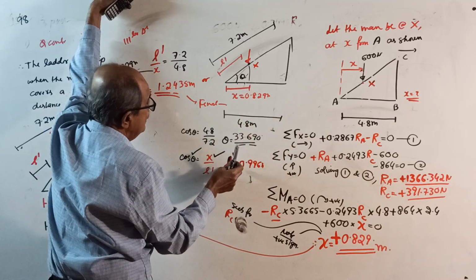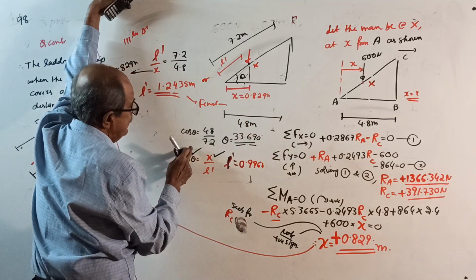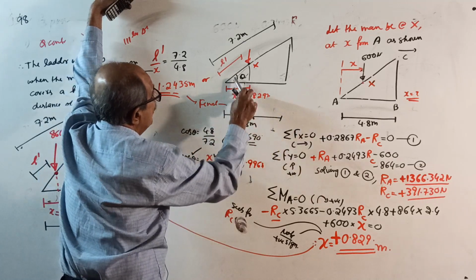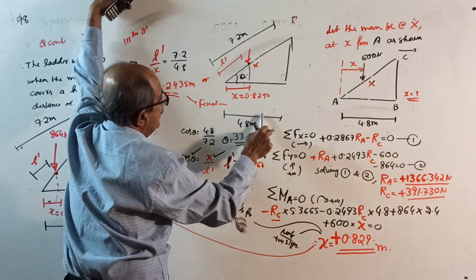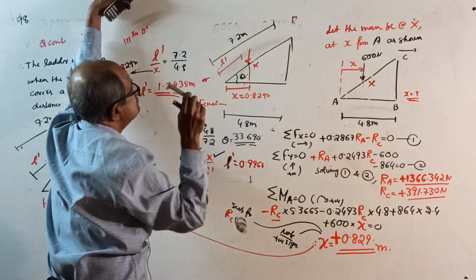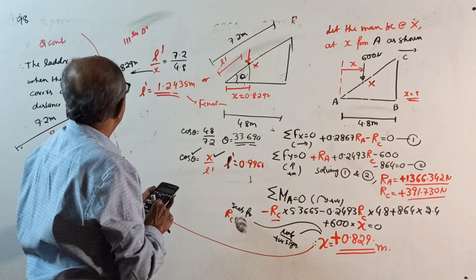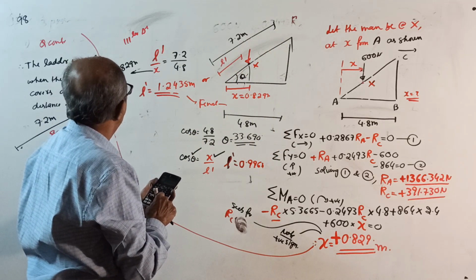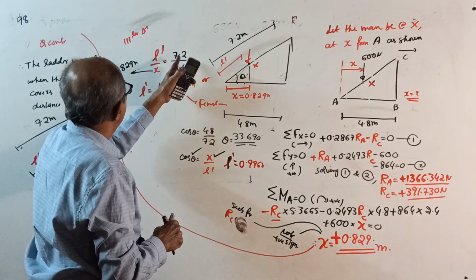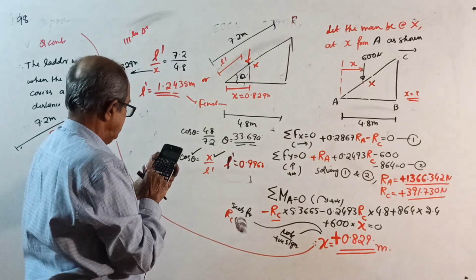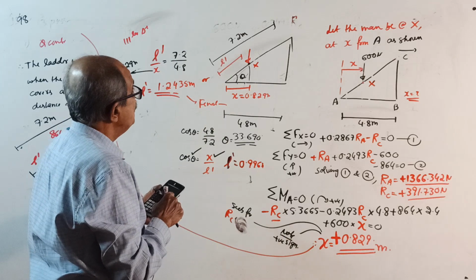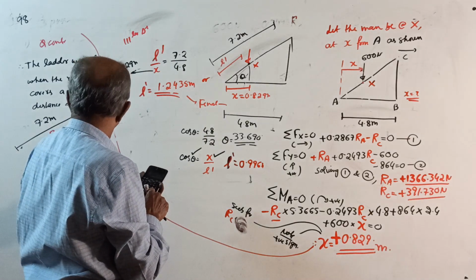Anything wrong in the calculation? Cos theta is 4.8 by 7.2. Okay, what is wrong here? L dash by x equals 7.2 by 4.8. Is 7.2 correct?